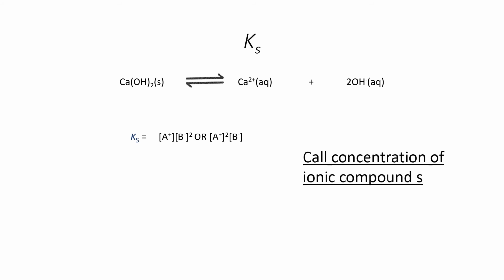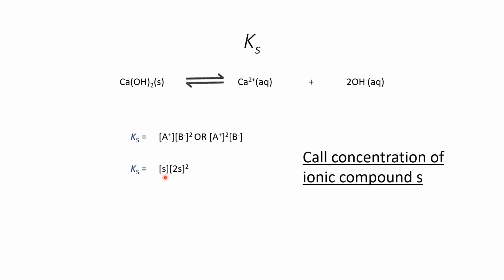Let's call the concentration of the ionic compound S. So the concentration of calcium hydroxide is S. We're just going to give that variable a name. That name is S. And that concentration can be looked at like this. So concentration of calcium is the same as the concentration of calcium hydroxide, because for every mole of calcium hydroxide, we have 1 mole of calcium, a 1-to-1 ratio.